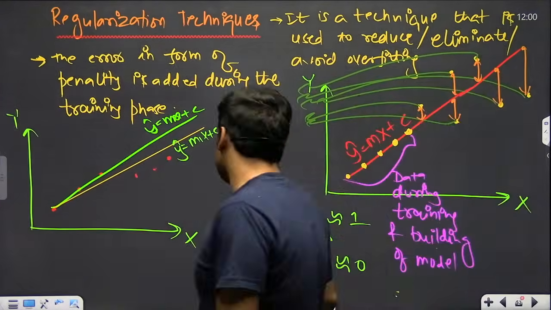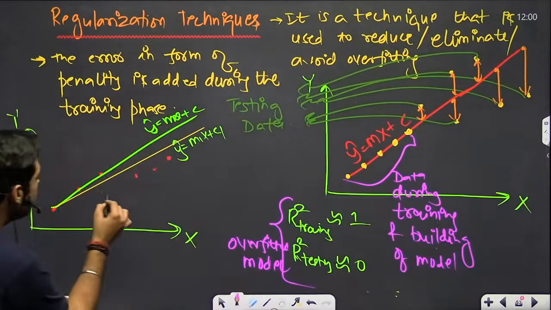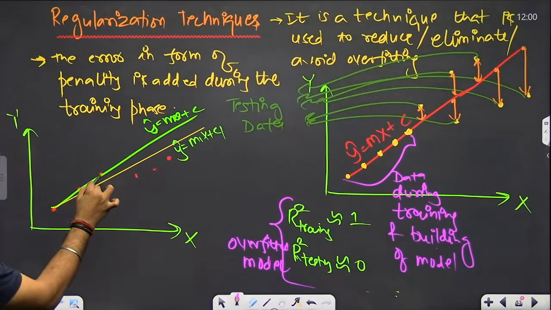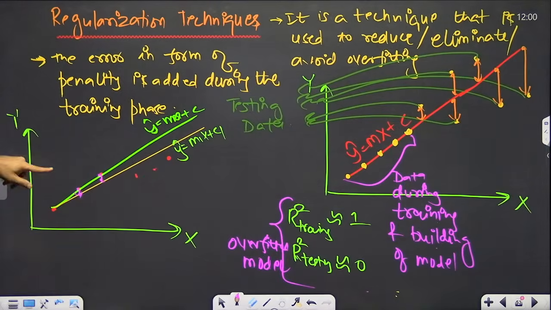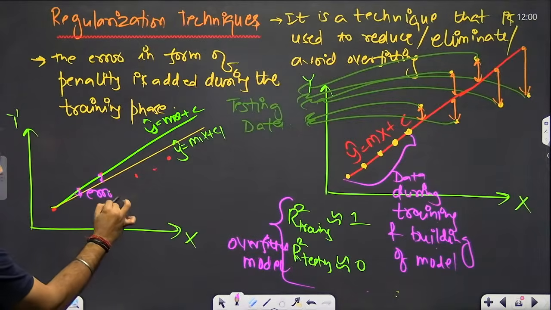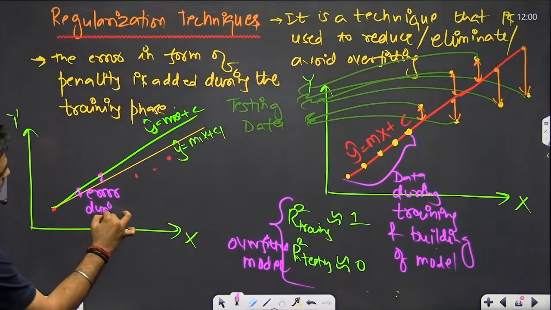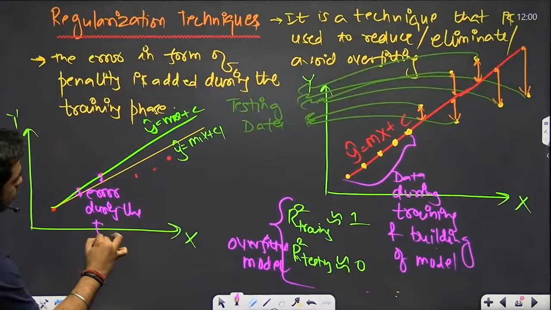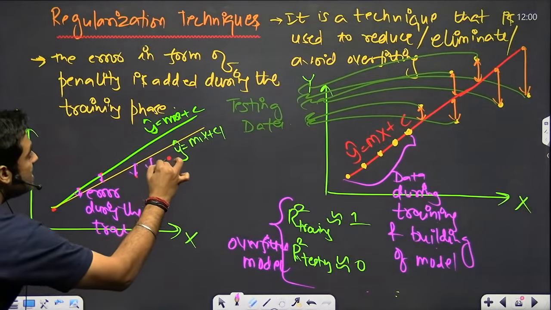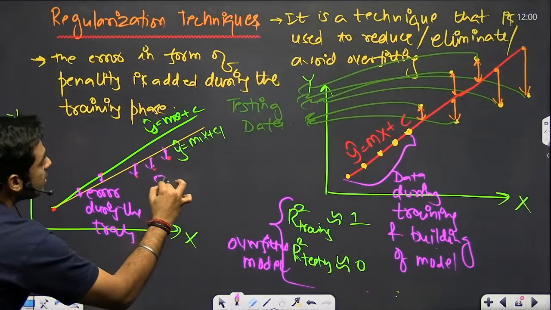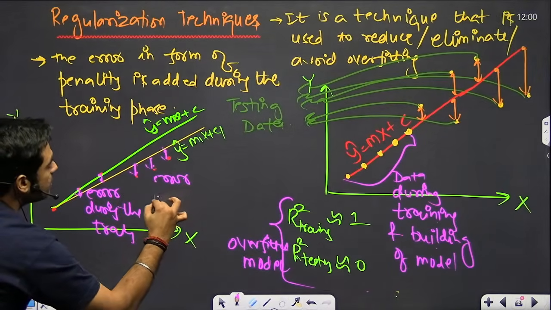So during the training I would have certain errors. These are the errors during the training, and this is the error during the testing.